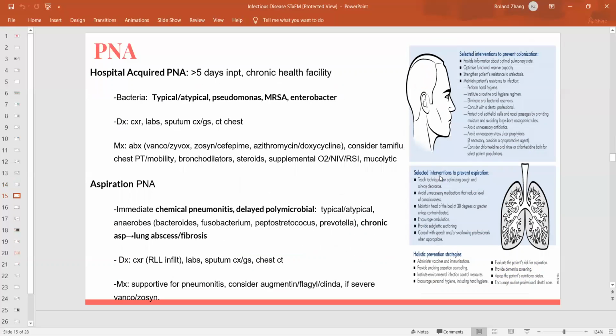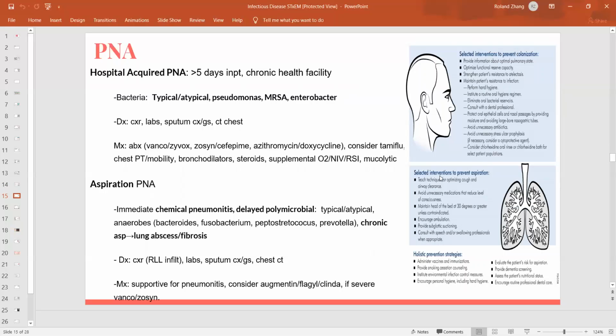Hospital-acquired pneumonia. If they're in the hospital for more than 5 days, or if they're at a chronic health facility, bacterial suspicion would be both your typical and atypical. Most common would still be your strep pneumo. You also worry, especially with people who have chronic diseases in a chronic healthcare facility, about Pseudomonas and MRSA.